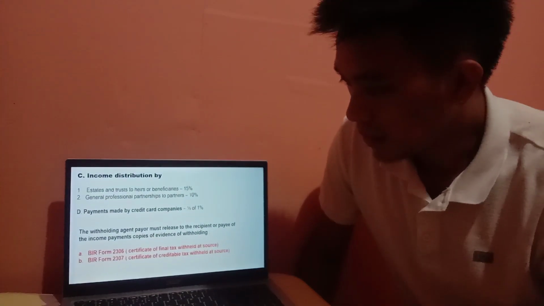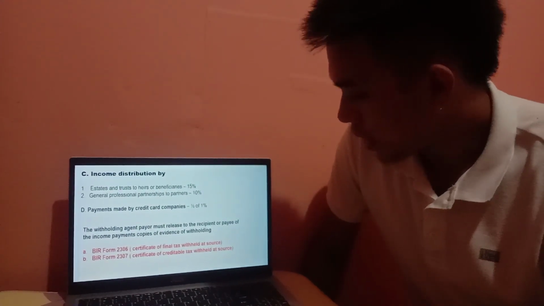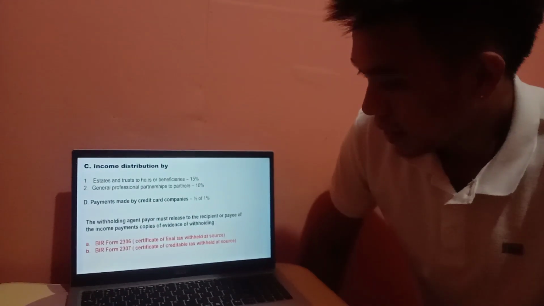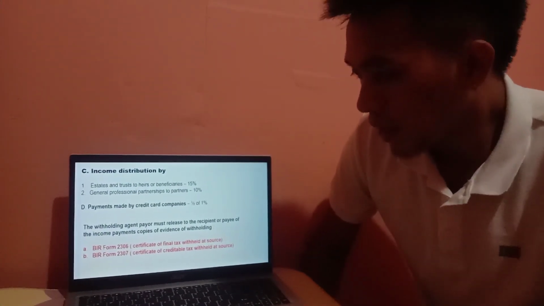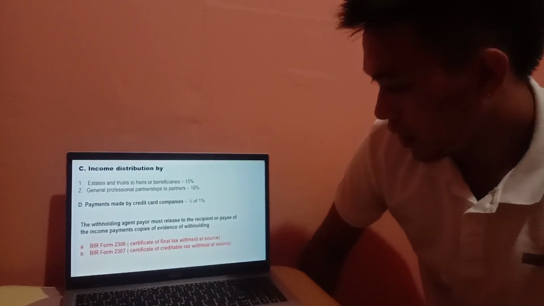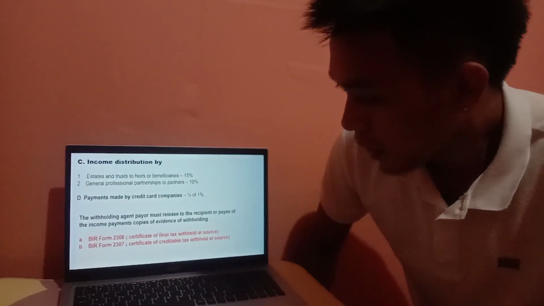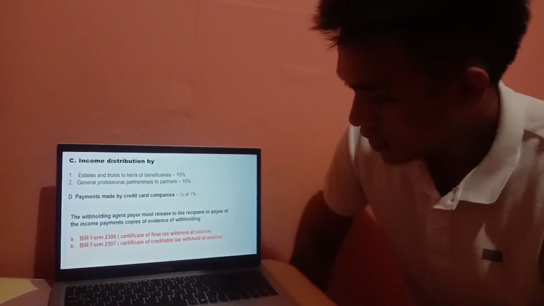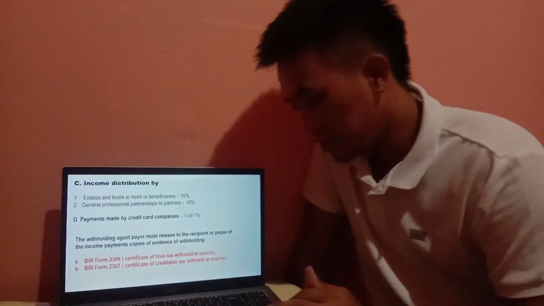The withholding agents or payers must release to the recipients of the income payments copies of evidence of withholding. A. BIR Form 2306, certificate of final tax withheld at source. B. BIR Form 2307, certificate of creditable tax withheld at source.